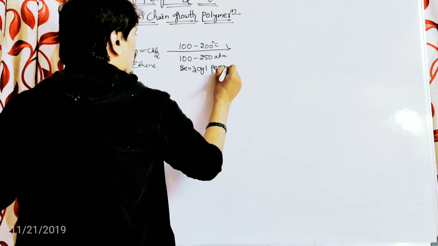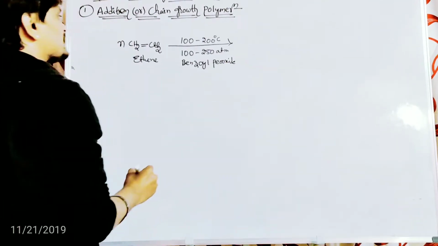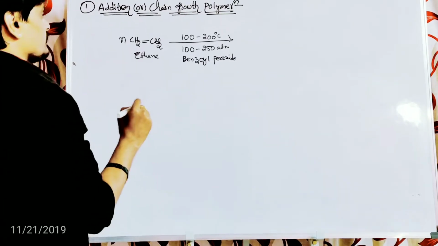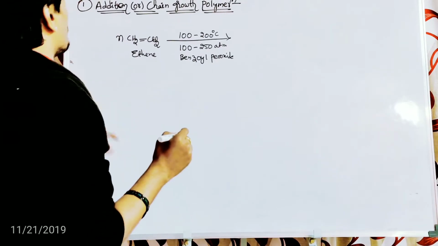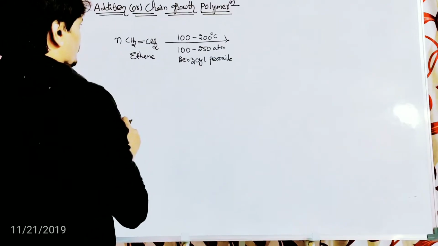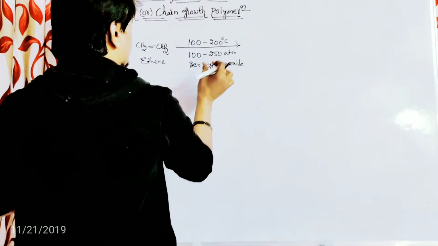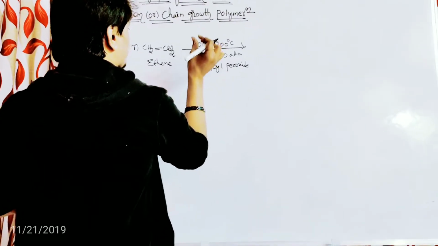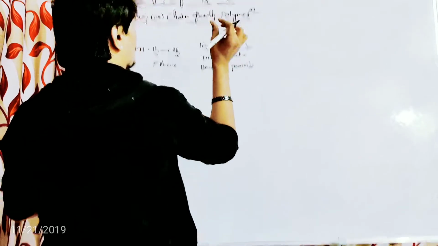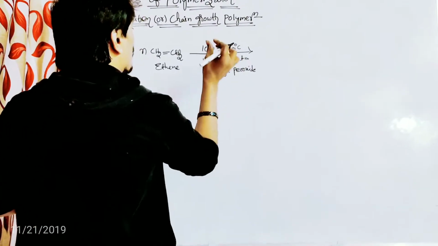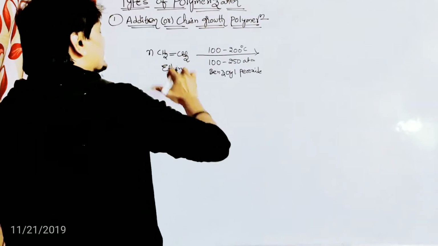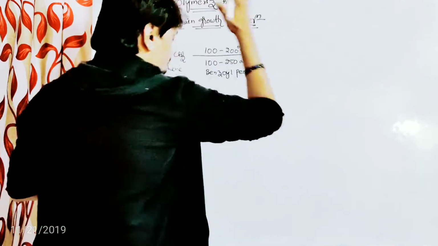What is the role of benzoyl peroxide? I will discuss in the next video. But do remember that whenever the temperature is maintained at 100 to 200 degrees centigrade and the pressure at 100 to 250 atmospheres, in presence of benzoyl peroxide, ethene converts to polythene.